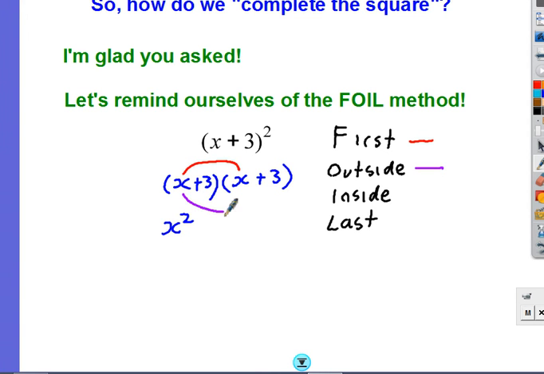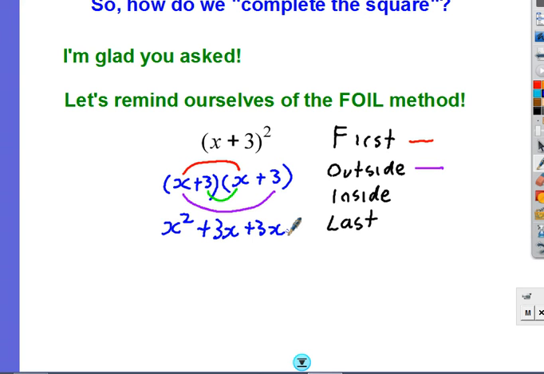That's going to be these two, and that gives us 3x. Choose another color, green, and we do the inside. The inside is this one and this one, and that gives us another 3x.